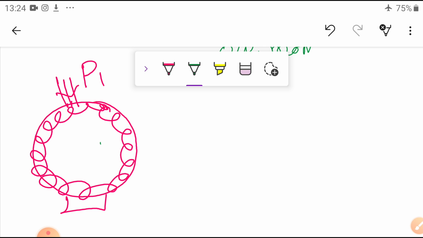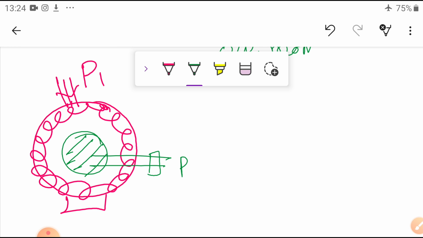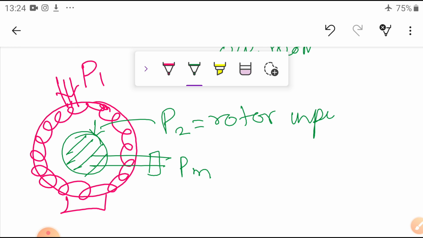It has the rotor, and the rotor also has a rotor winding. It gives the output PM, the mechanical power, and what enters the rotor, that is P2, is the rotor input. Okay, so rotor input.